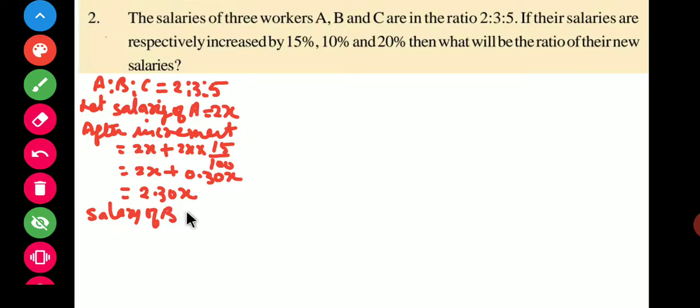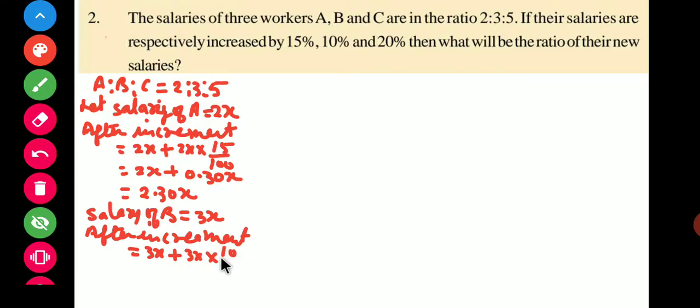Similarly, salary of B is equal to 3x, and after increment it is 3x plus 3x into 10%, so 10 upon 100, so 0 cancels with 0, we get 0.3x.